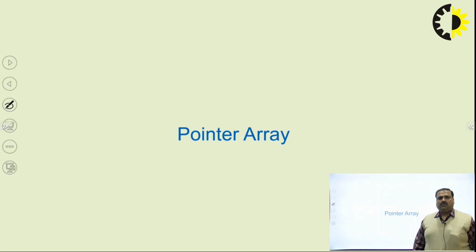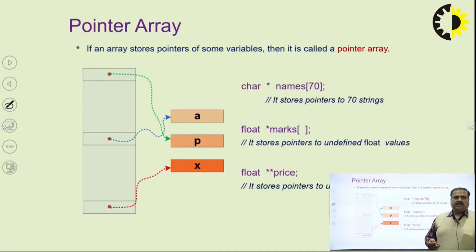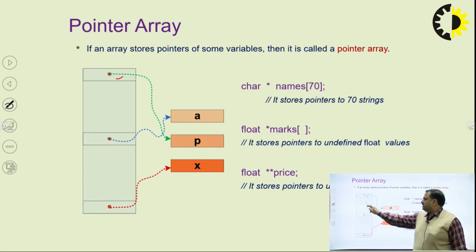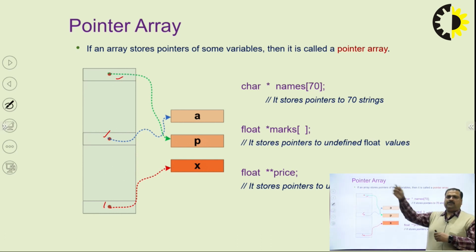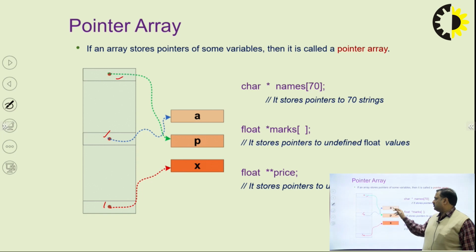Now, we can also create an array of pointers. An array of pointers means every element in that array is itself a pointer, and it is pointing to some different memory location. So, this is pointing to a memory location A, this is pointing to a memory location P, and this is pointing to a memory location X. So, everybody is different.